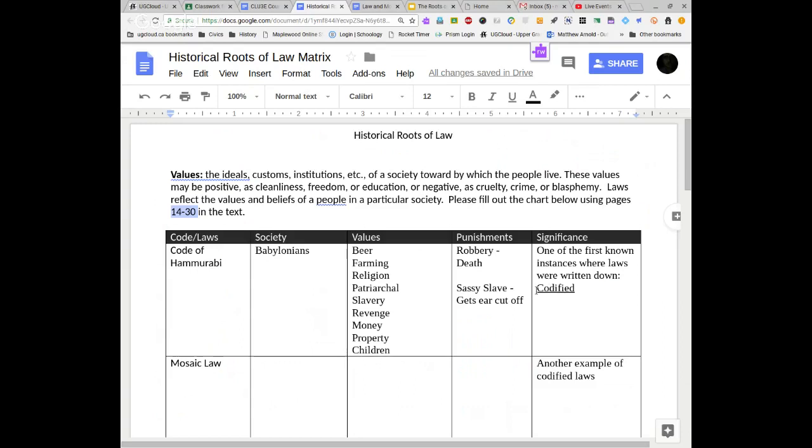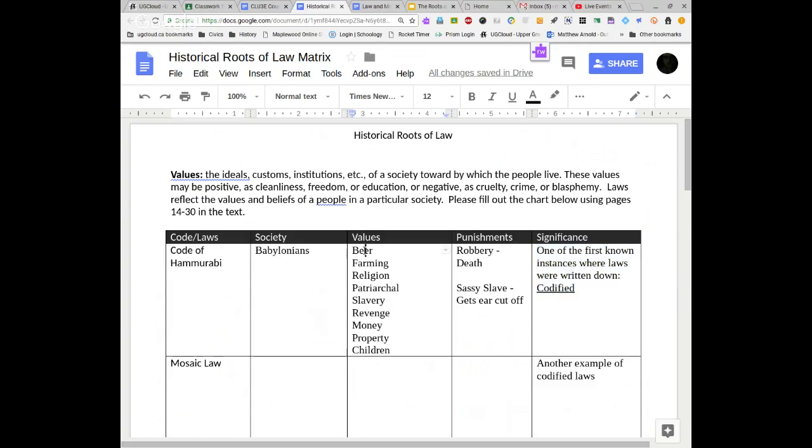So back in the presentation, we learned that the significance of Babylonian law, or the Code of Hammurabi, was that it was one of the first instances of a codified set of law, or written down. I've also included two specific punishments here. And the significance is also known as what was changed, or what it brought to the law.